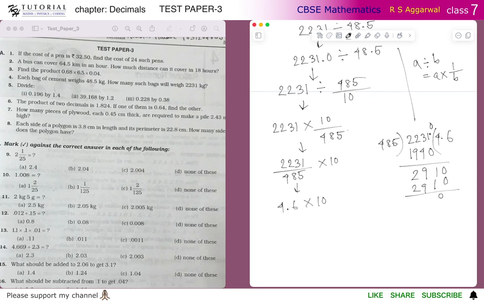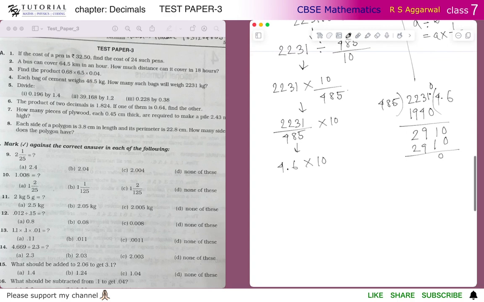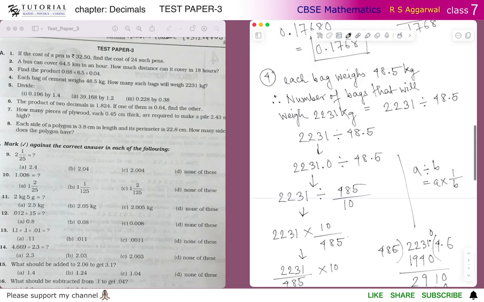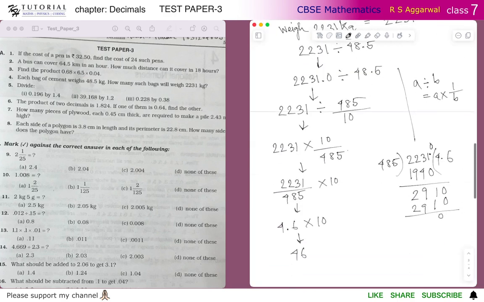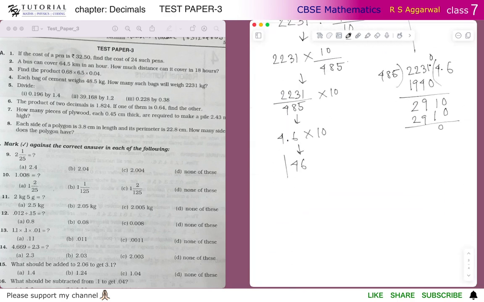So this is now a decimal number multiplied by 10, and we know that we have to shift the decimal point to the right by one place because we are multiplying 4.6 with 10. 10 has 1 zero. So this becomes 46. So the answer is: the number of bags is 46.